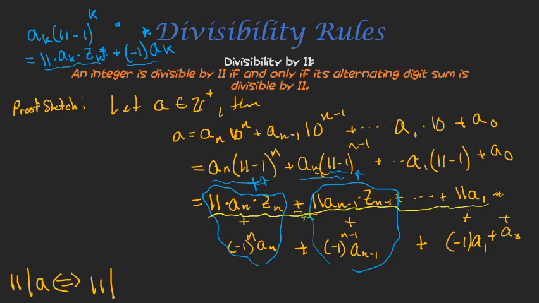So if 11 divides this sum, and what is this sum? It's the sum over k equals 0 to n of negative 1 to the k times a_k. If I add up that bottom row there, that's what I get. Let me write it like this: this is the alternating digit sum of the number a. So that's what's going on here.